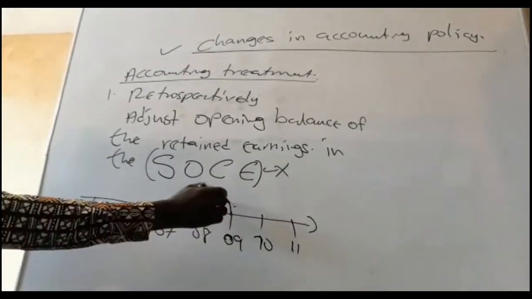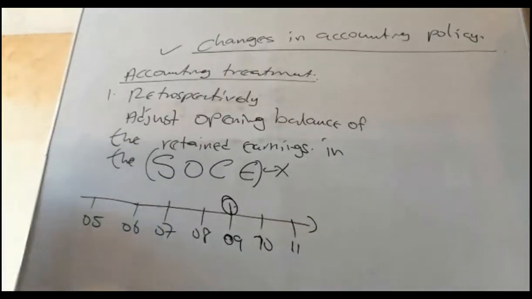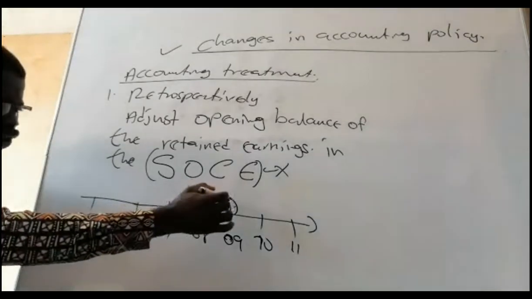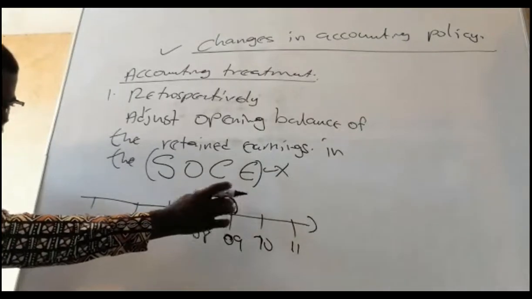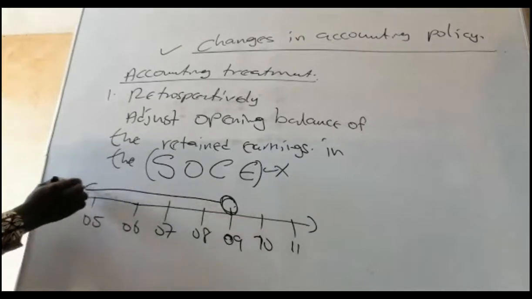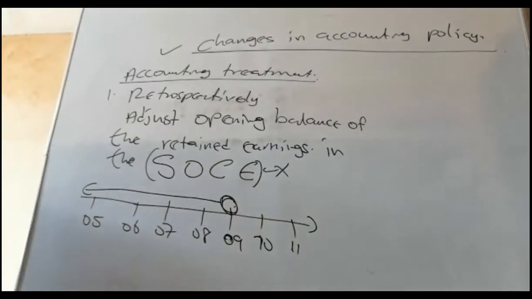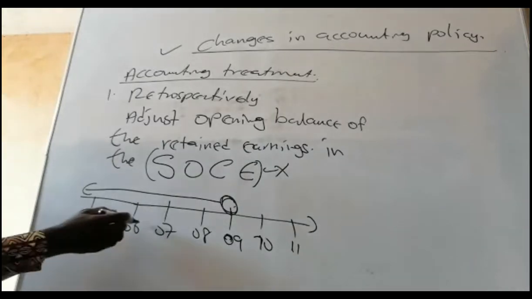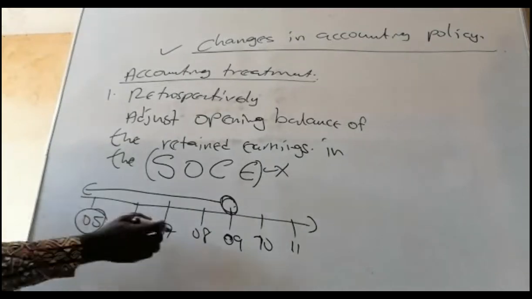In 2009, I change our accounting policy towards valuation or recognition of certain transactions. We have to apply the new policy as if it has always been there, so you have to go back. The trouble is we can't go and pick the 2005 financial statements and make the amendment there. We've already published them. They are in circulation already.